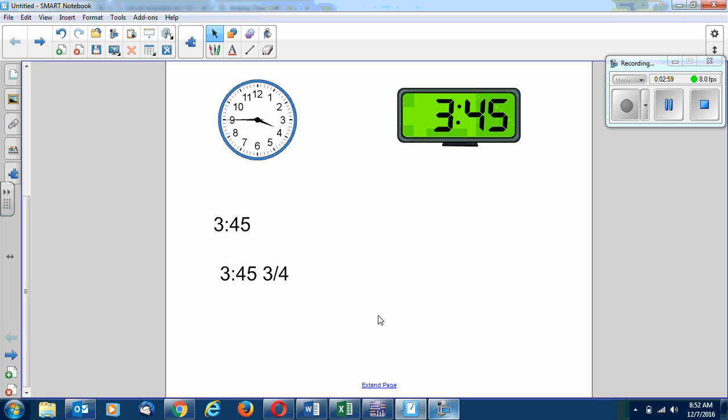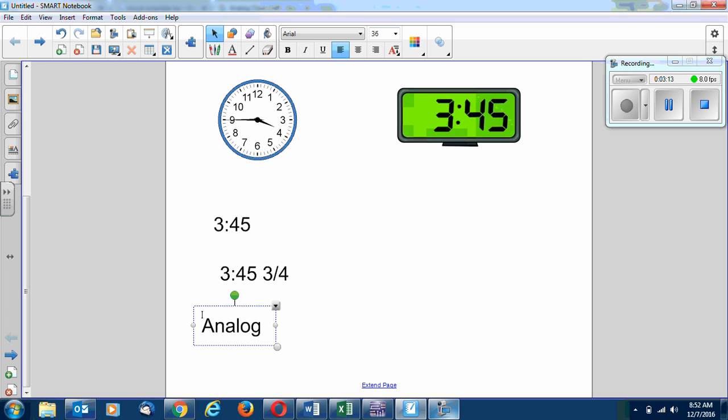So one thing that you can take away from this is that in an analog clock, time keeps on moving.